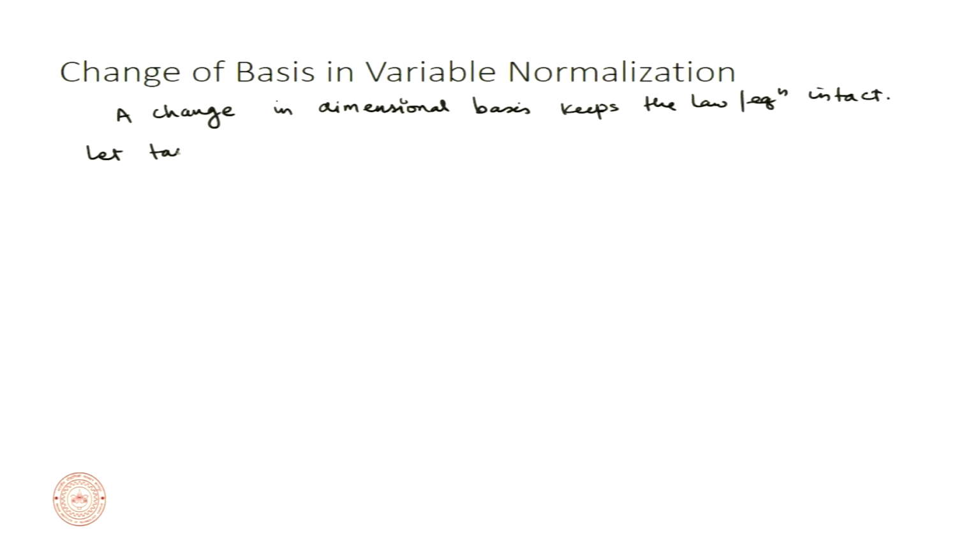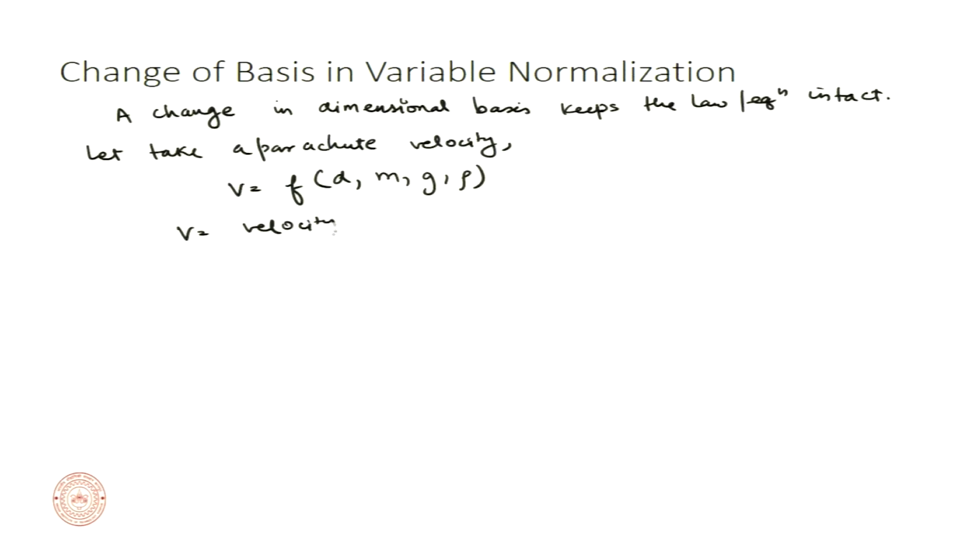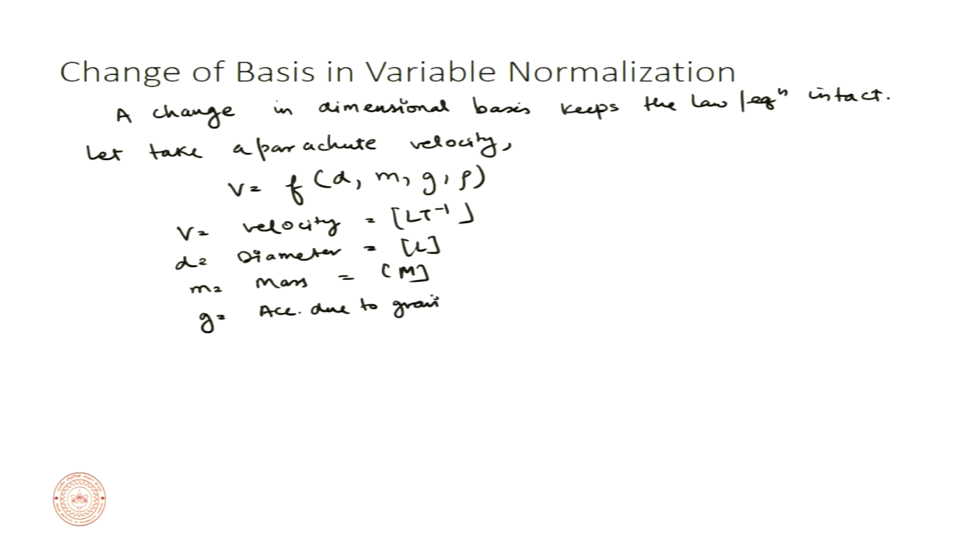So, let us take a parachute, velocity, in which v, velocity, is a function of d, m, g and rho, where v is the velocity, d is the diameter, okay, it is Lt minus 1, this is length, m is the mass, that is the mass of the parachute plus the person, it is m, g is the acceleration due to gravity, that is Lt minus 2, and rho is the density of air, that is ml minus 3.